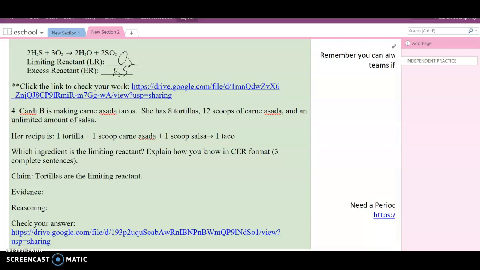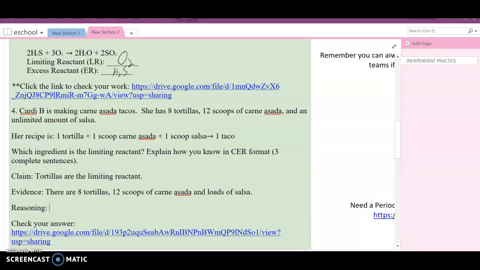So I'm just going to say my evidence: there are 8 tortillas, 12 scoops of carne asada, and loads of salsa. My evidence is just my data.